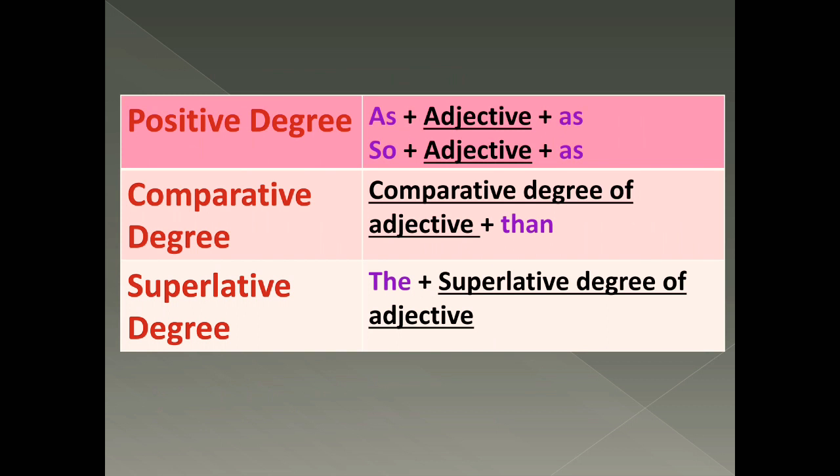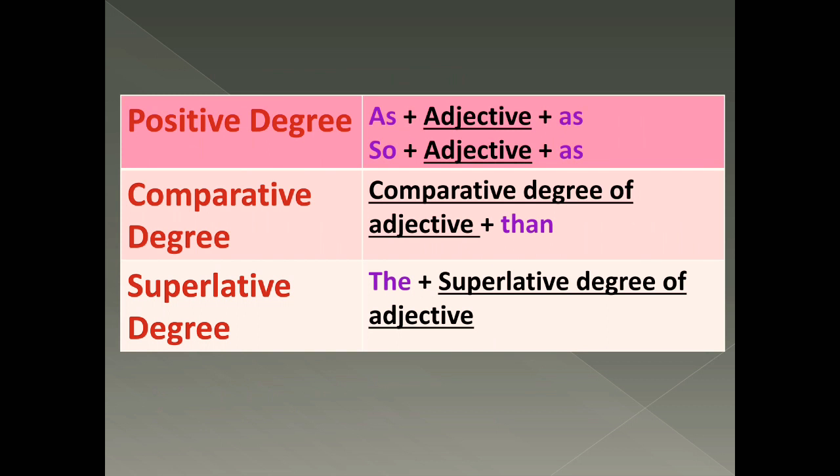Next, comparative degree. In case of comparative degree, we have to use comparative degree of the adjective and then we have to put a "than". So whenever you will see "than", you will use comparative degree of adjective before it. Next, superlative degree.